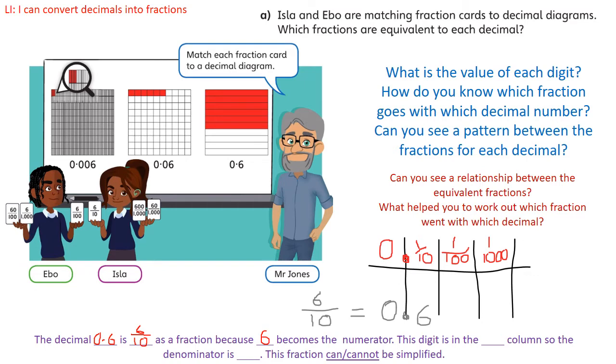The digit is in the tenths column. So the denominator is, yep, you're right, it's 10. Can 6 tenths be simplified? It can, can't it? I'll let you think about that one for a moment.